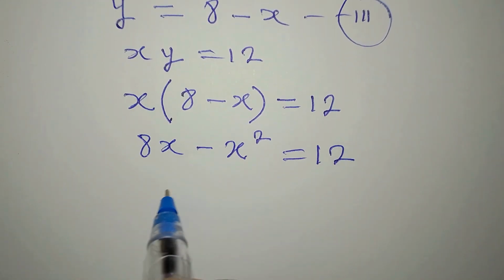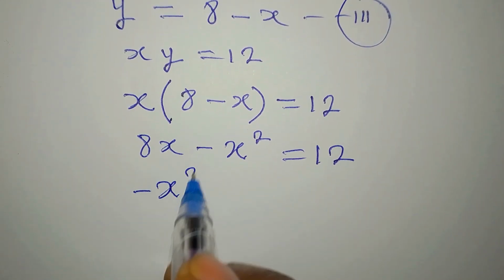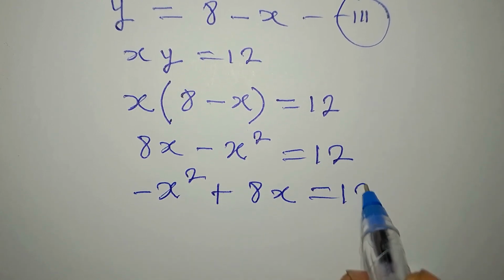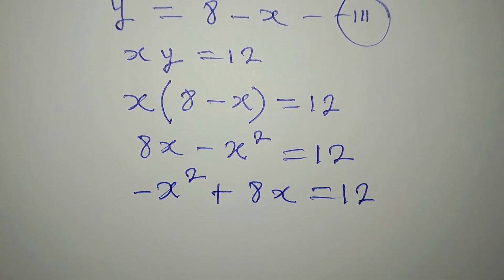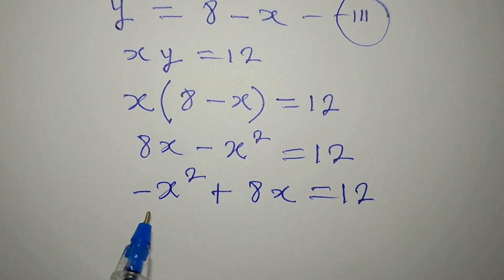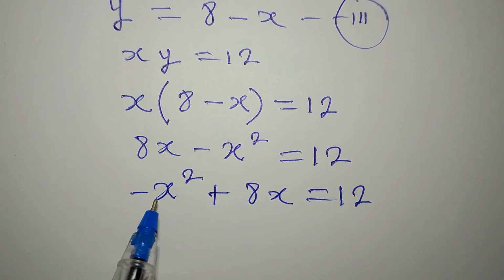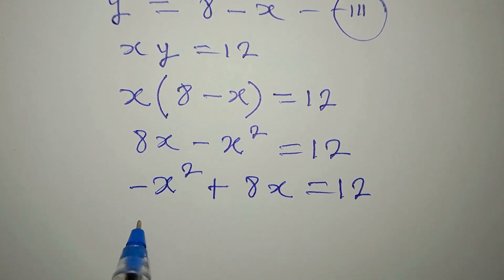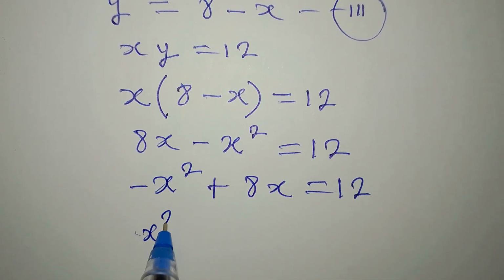And this is the same thing as minus x squared plus 8x equals 12. But we don't want to have the negative as the first coefficient, so we multiply everything by negative 1. That way, I will have x squared.